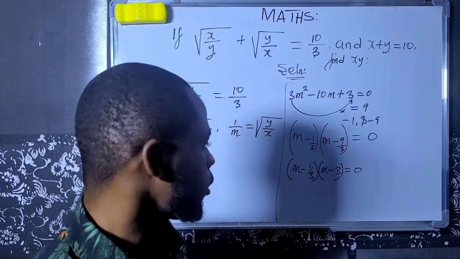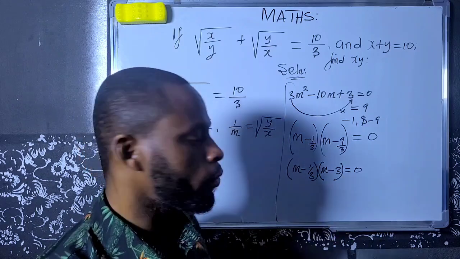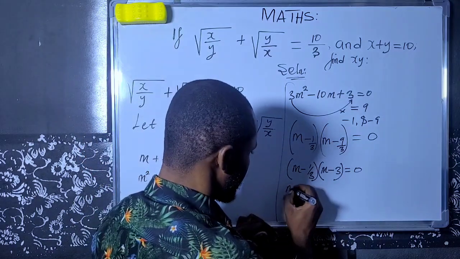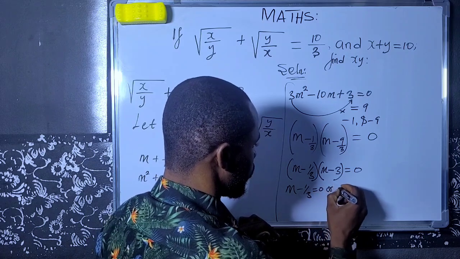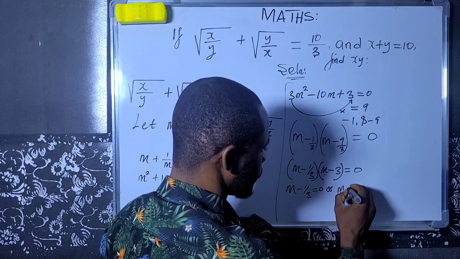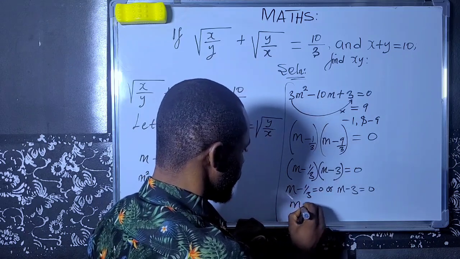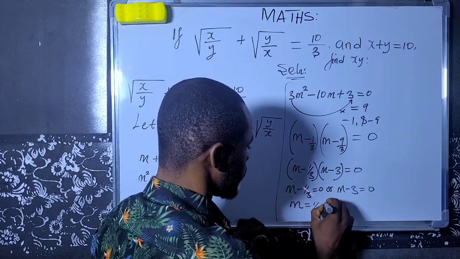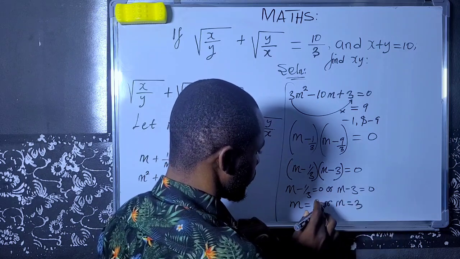Then at this point it is either base equals 0 or base equals 0. Therefore we set m minus 1 over 3 equals 0, or m minus 3 equals 0. Therefore m equals 1 over 3, or m equals 3.